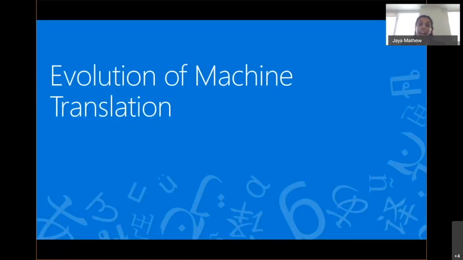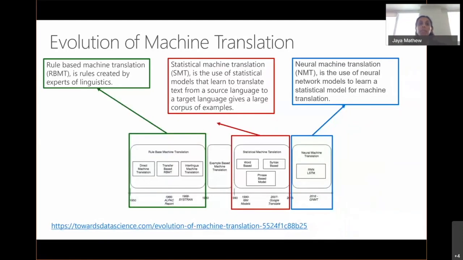Okay. So now let's get into how we reached the current state of machine translation. It's obviously evolved and gone through a few phases. The main phases: we first got started with something called rule-based machine translation. I think that completely makes sense.